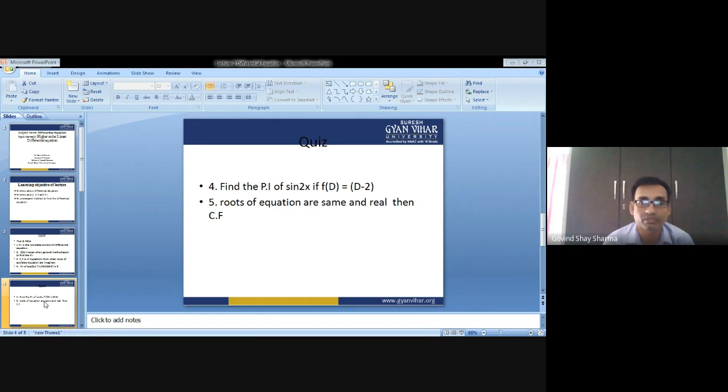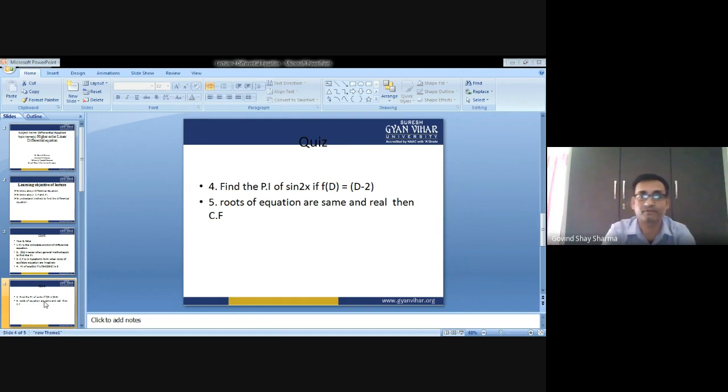Find the PI of sin 2x if f(D) is equal to D minus 2. Find the PI. What method are we applying? Because here the method is sin alpha x, cos alpha x.